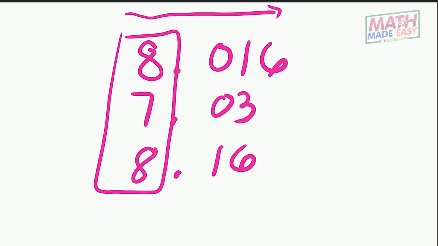Are the whole numbers the same or different? We have an 8, a 7, and then another 8. Which one is the least? Yes, 7 is the least, so it means to say that 7 and 3/100 is the least.